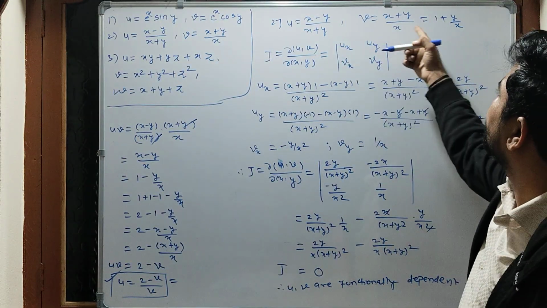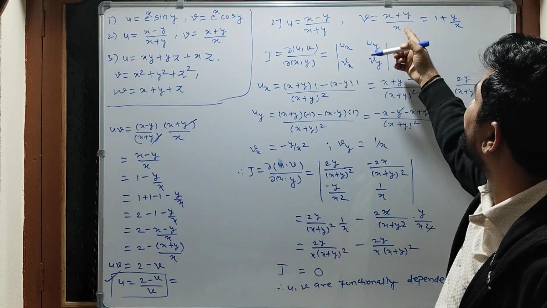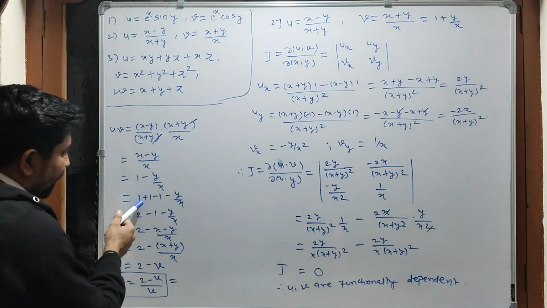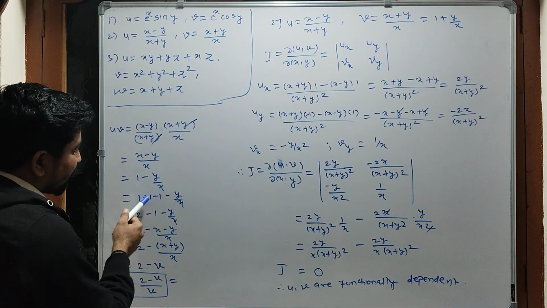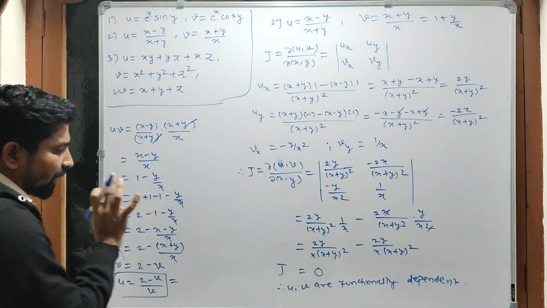So with respect to these functions, u equals x minus y by x plus y and v equals x plus y by x, just observe one thing. Here is the key idea: 1 minus y by x as it is. I am adding 1 and subtracting 1.